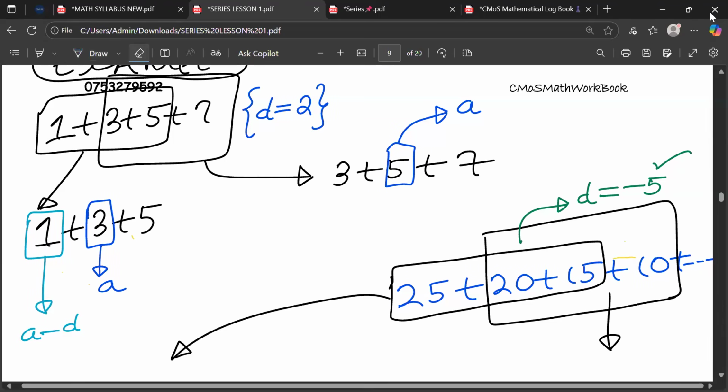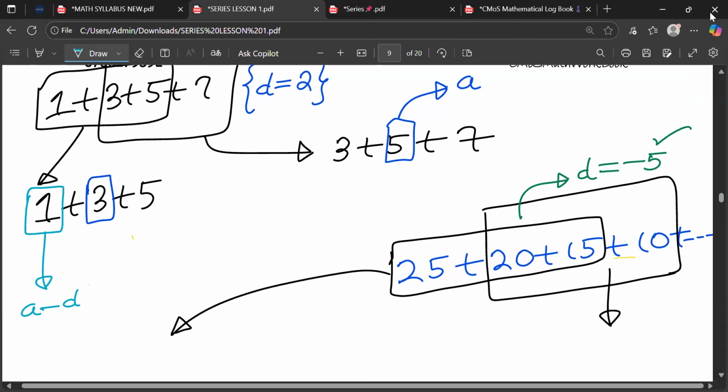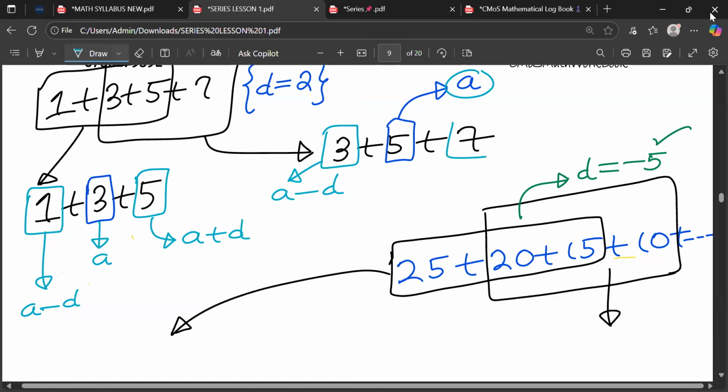We have just assumed that this 3 of ours is our A. So the 1 is 3 minus 2, which is A minus D. Then this 5, just assuming, is A plus D. Even when you do it here, this one shall be 5 minus 2, which is A minus D. Then this one will be 5 plus 2, which is A plus D.